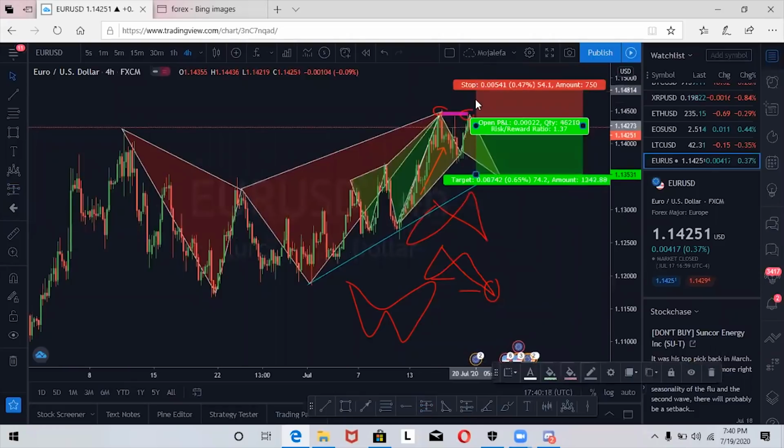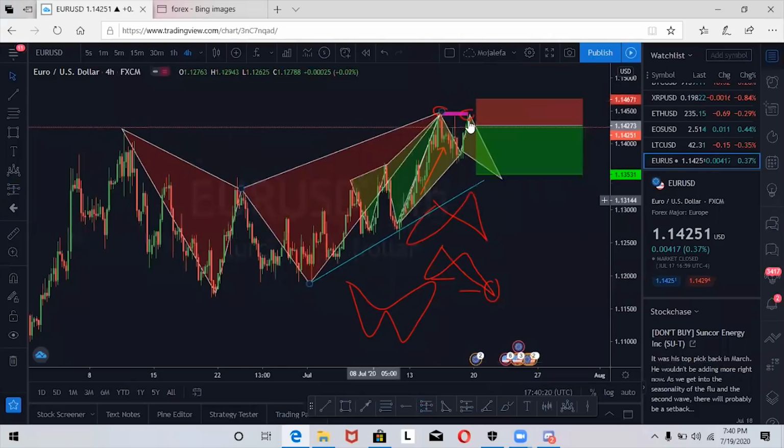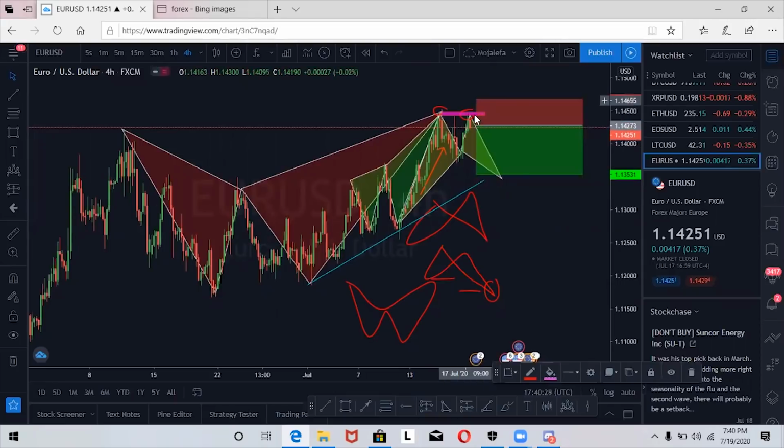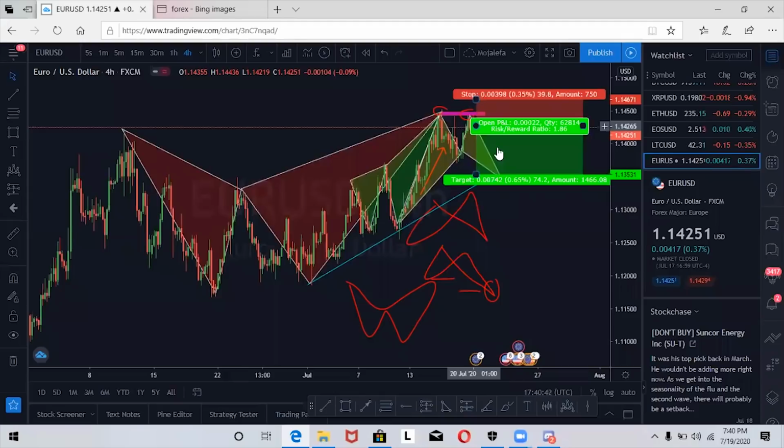So our trend here was an uptrend, but the reason I've put my stop loss here is because I've managed to put my stop loss behind my highest region, outside of my highest point, which makes this pattern my bearish bet.